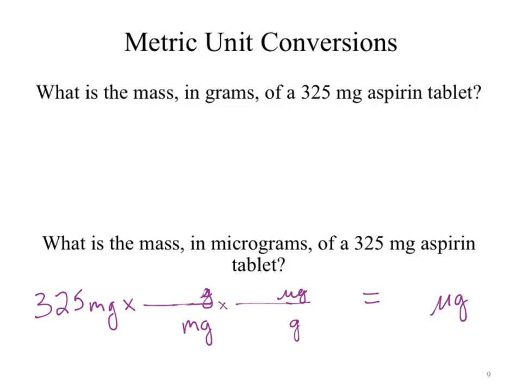What's the conversion between grams and milligrams? So we've got 10 to the negative 3 grams is 1 milligram. What's the conversion between micrograms and grams? 10 to the negative 6 grams is 1 microgram. Okay? We could now track our units.